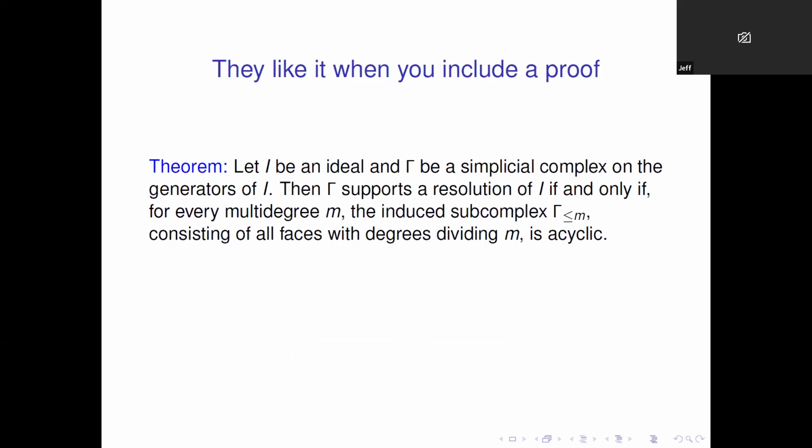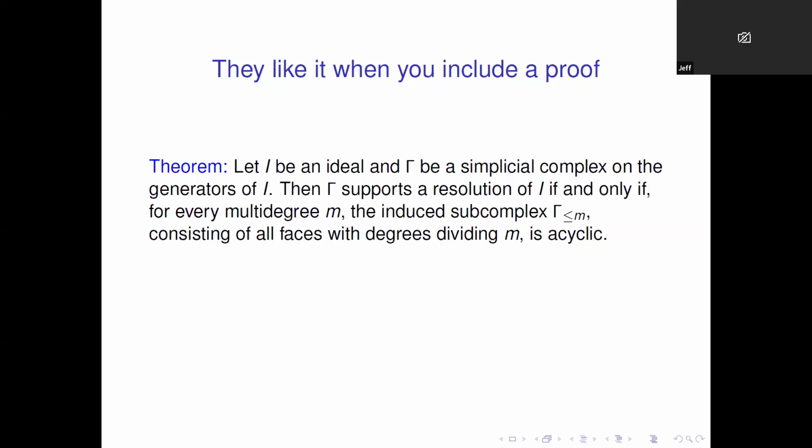Okay. So the big result about these simplicial complex ideas is that to check exactness, you don't have to work all the way through your complex and painstakingly compute kernels and images. Instead, there is a combinatorial check for whether or not you've found a resolution.